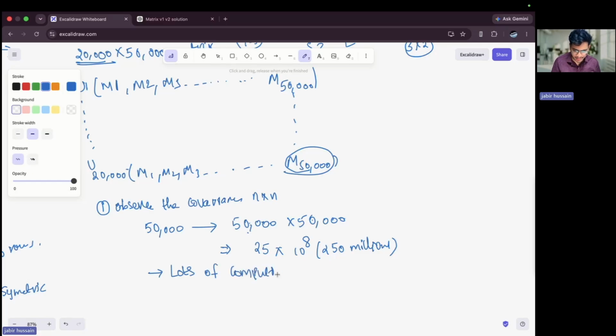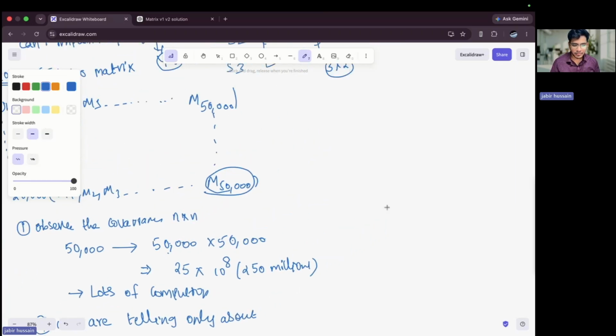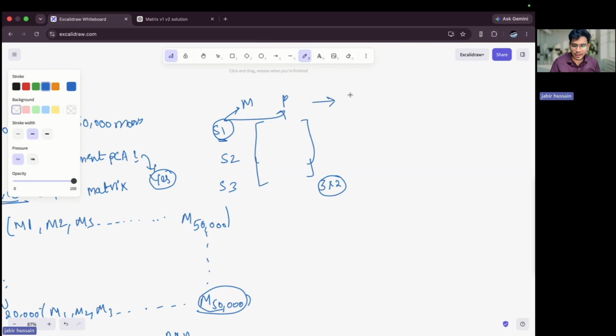So that's a lot of computation. And number two is that we are telling only about users. If I am drawing the PCA for this, I'll be telling what are the categories of students.